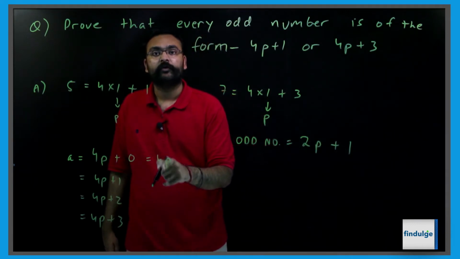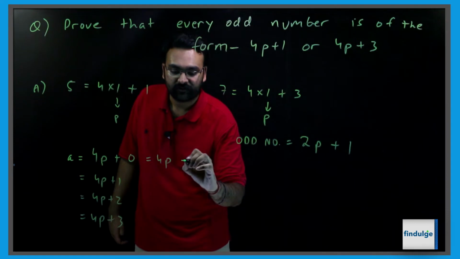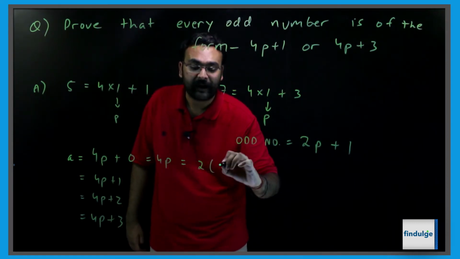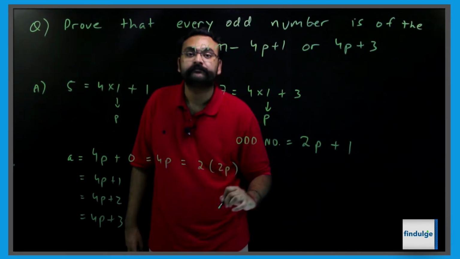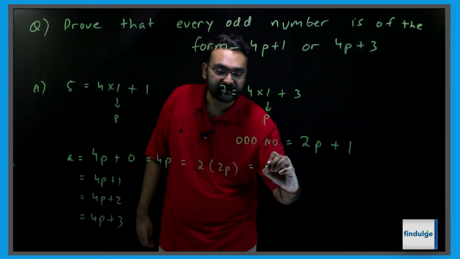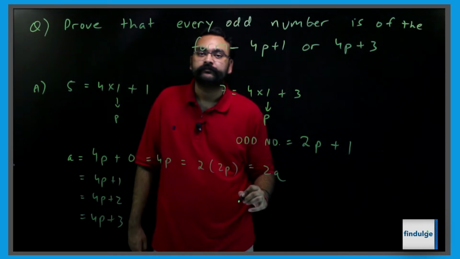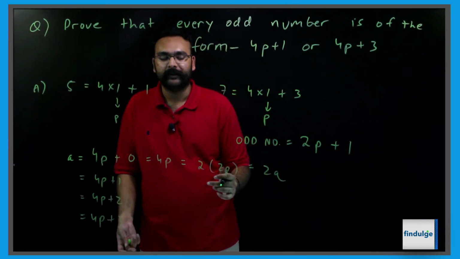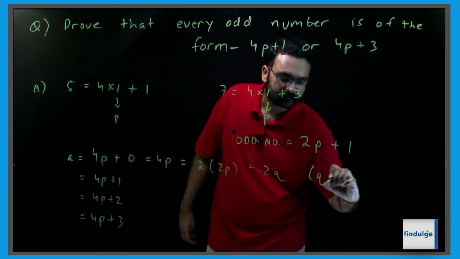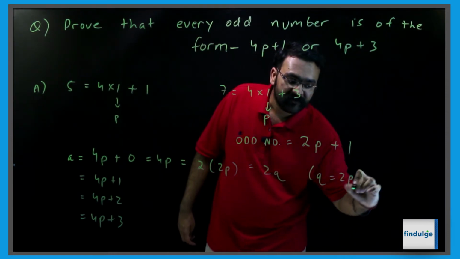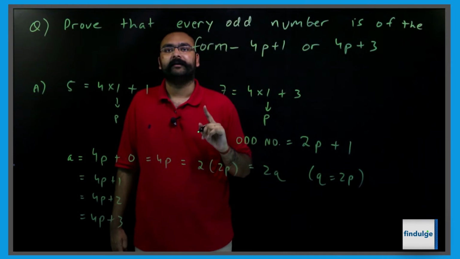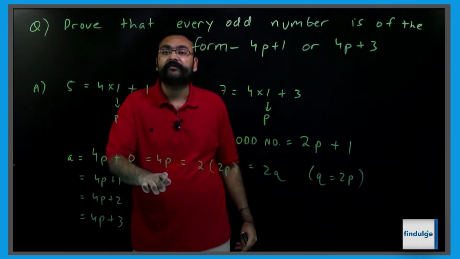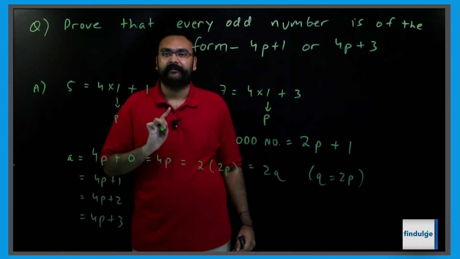Now observe, what is 4p? 4p can be written as 2 multiplied by bracket 2p, which can be written as 2q. Q is just another integer equal to 2p. Obviously, this is an even number. What does that mean? An odd number cannot be of the form 4p.